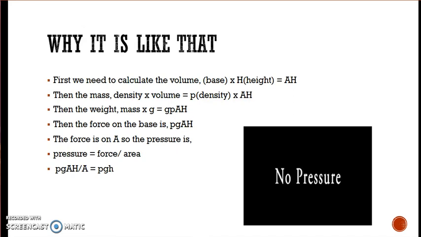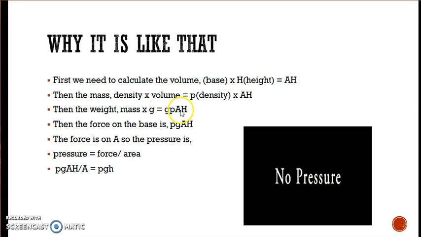Why the formula is like that is here. So first, we need to calculate the volume. So base times height. The area of the base is A, and the height is H. Then we calculate the mass. So density times volume, so it becomes rho times A times H. And then we get the weight, which is mass times gravity.